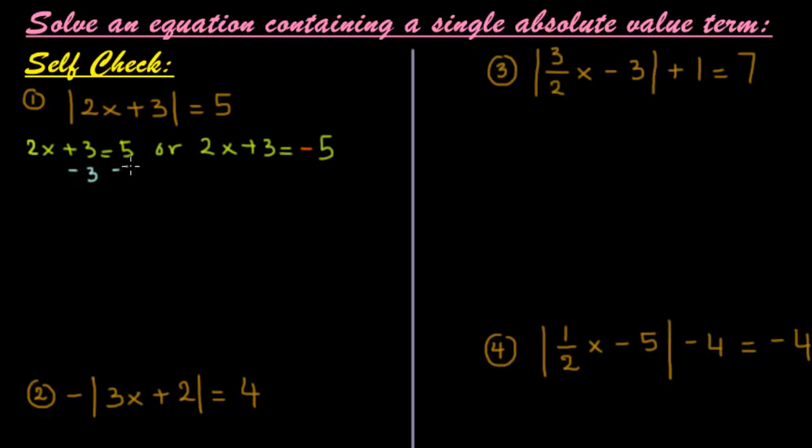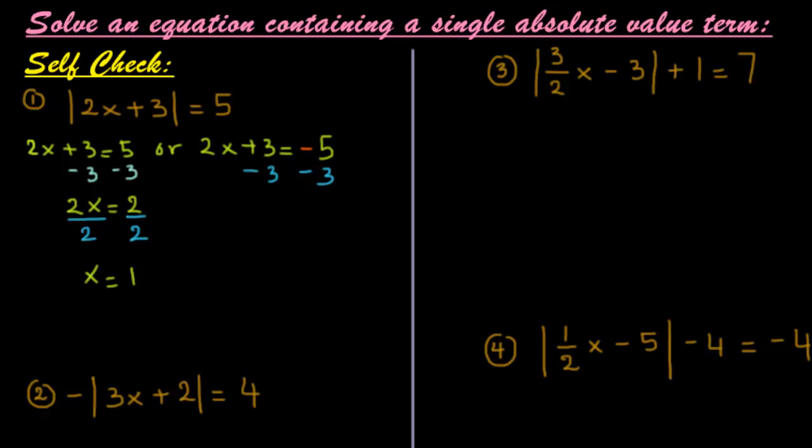So isolate the x here by subtracting 3 on both sides. You have 2x equal to 2. Then we divide both sides by 2. So we will have x equal to 1 as the answer for the first solution. Now the second one, I'm going to subtract 3 on both sides.